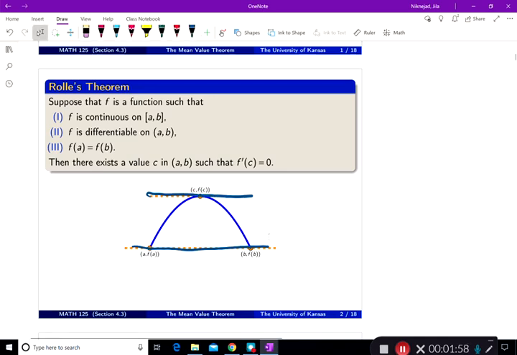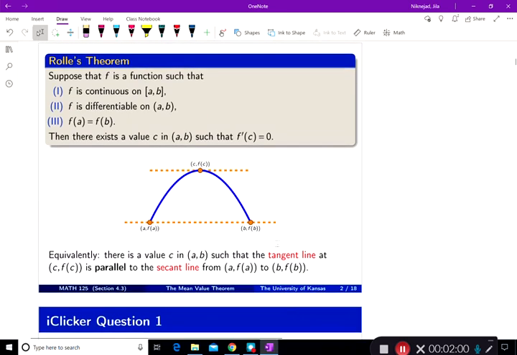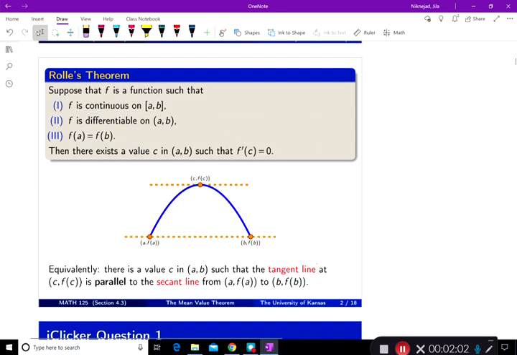The reason we word it this way is because this is going to come in handy when we discuss the mean value theorem.